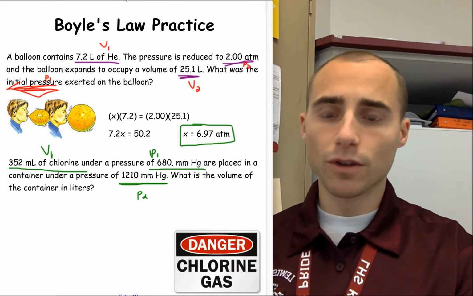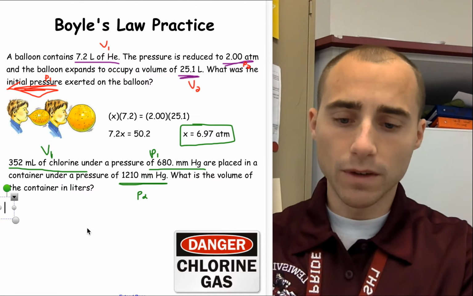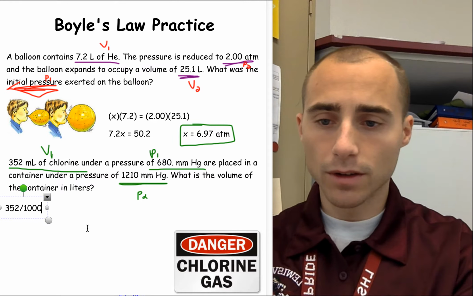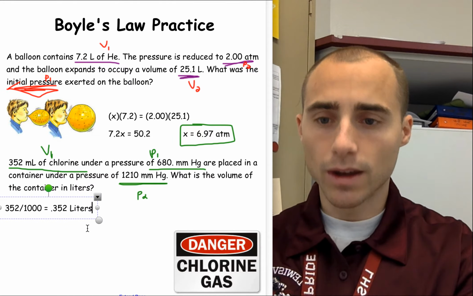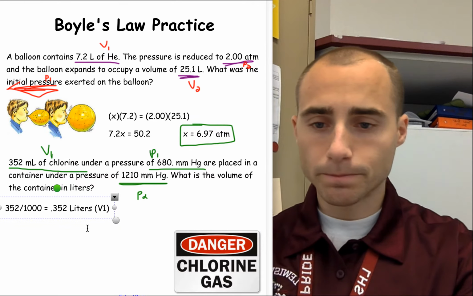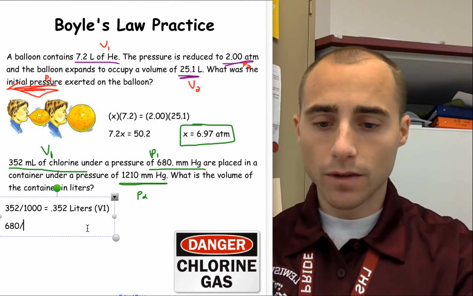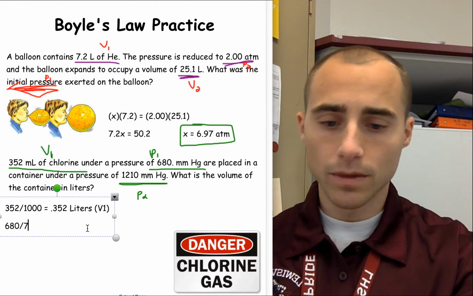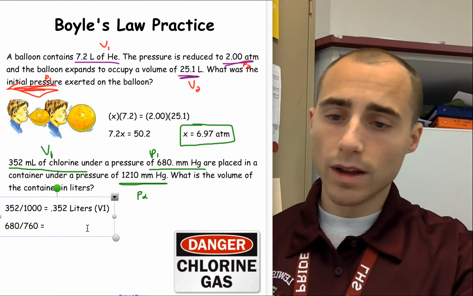So there are several conversions we need to do. First, we have to convert this into liters. So we would do 352 divided by 1,000. That's going to equal 0.352 liters. So that is going to be our V1. Put that in parentheses, V1. Then we have to do 680 divided by 760 to convert millimeters of mercury into atmospheres.